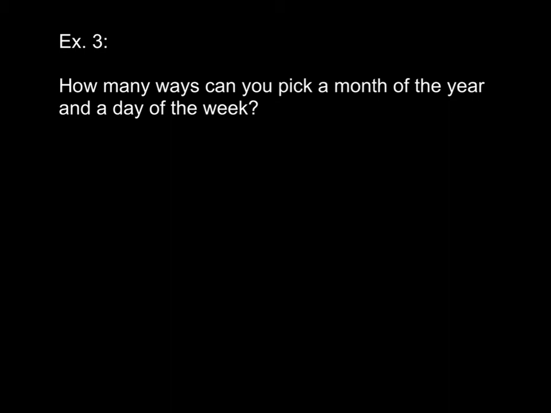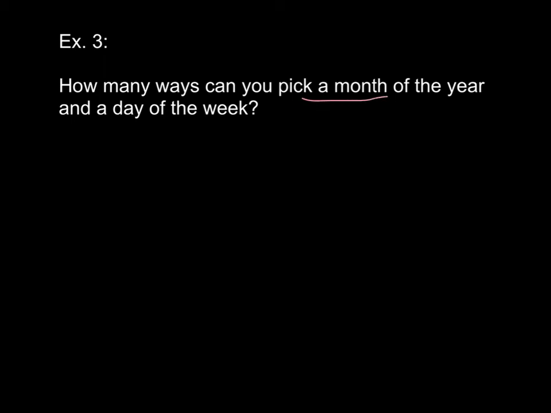This one's much shorter, much simpler. How many ways can you pick a month of the year and a day of the week? Before we go on, I want you to hit pause and try to solve this problem yourself. Then come back and hit play. Welcome back. Well, we've got 2 tasks.